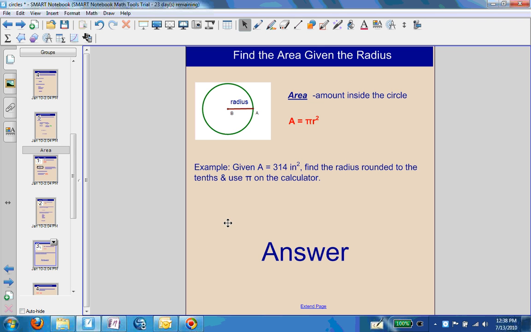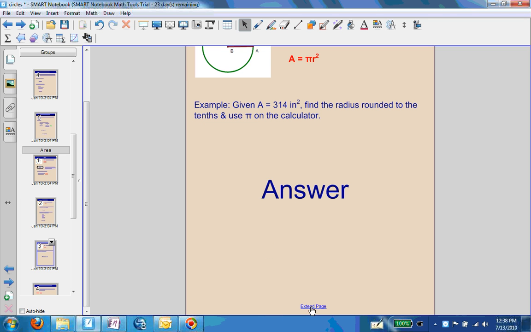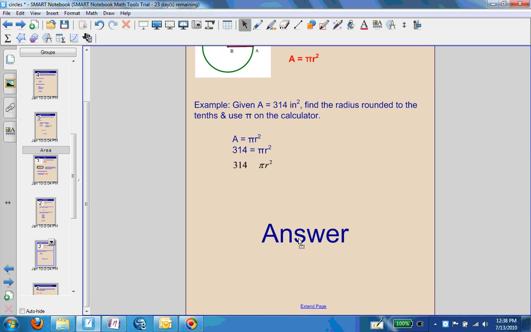In this example, we're given the area and we're asked to find the radius. So we're going to work with our formula, area equals pi r squared. We're going to substitute 314 in the place of area this time. And now we're looking for the radius. So this is a little bit trickier. We're going to divide both sides by pi so that we can get radius by itself, since that is what we're solving for.